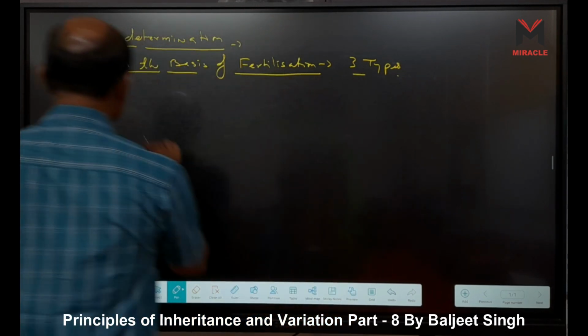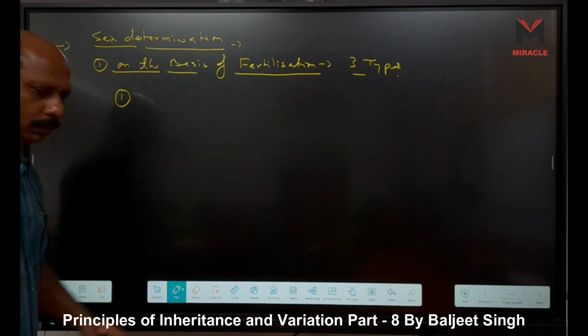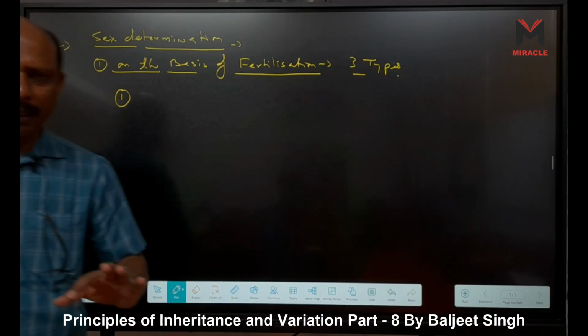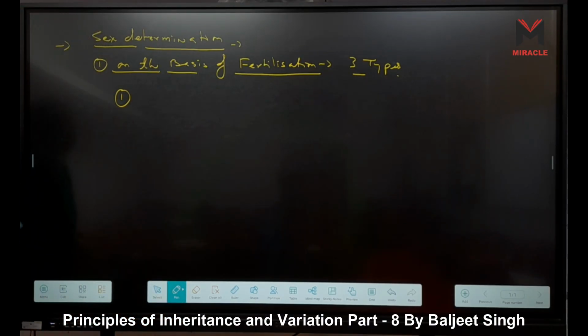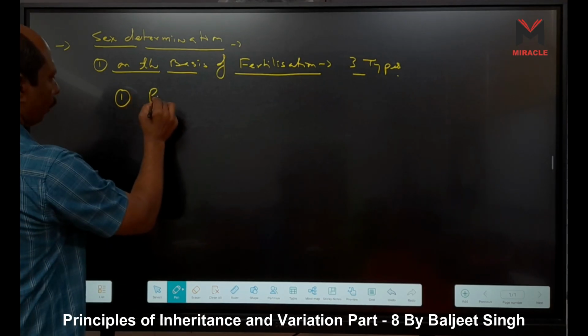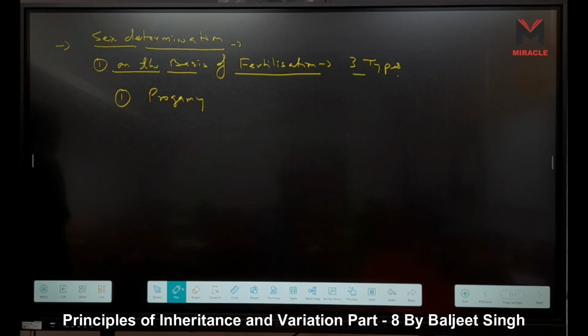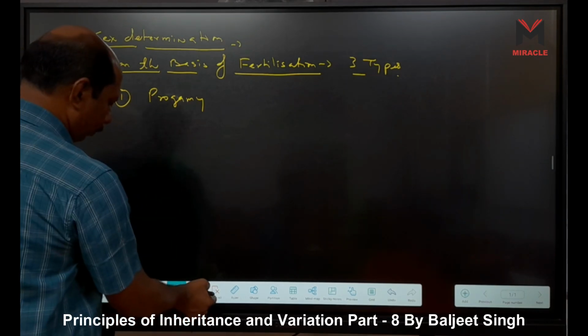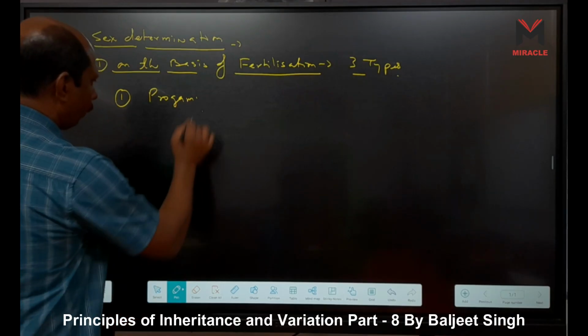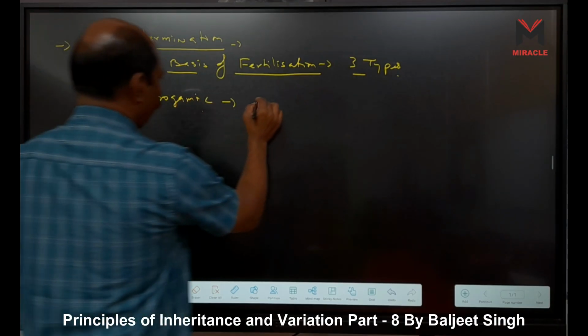Which three types? The first one is determined before fertilization, so it is called progamy. Progamy means before fertilization, right?